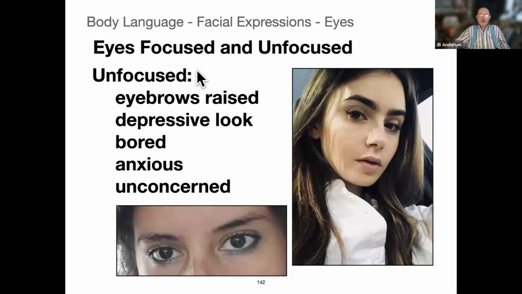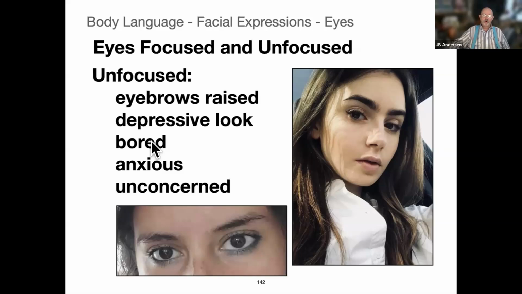Now, unfocused eyes. Eyebrows are usually raised, even though they don't look like it here, but you can see the eyes are outward. Eyebrows are generally raised. Gives you a look of depression. I'm not sure what's going on here with this image of this woman.